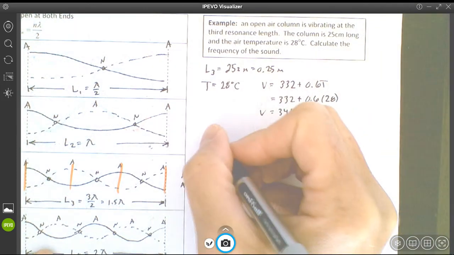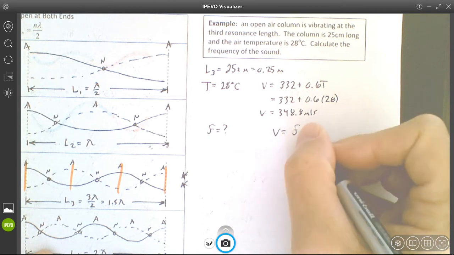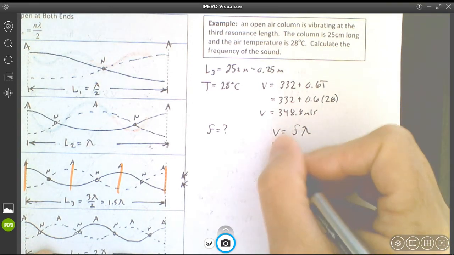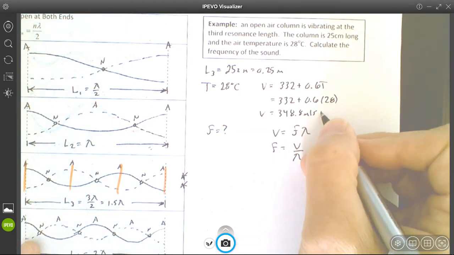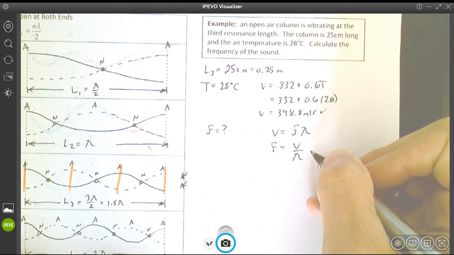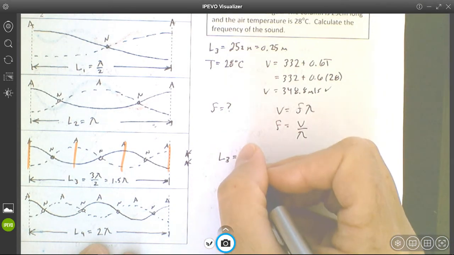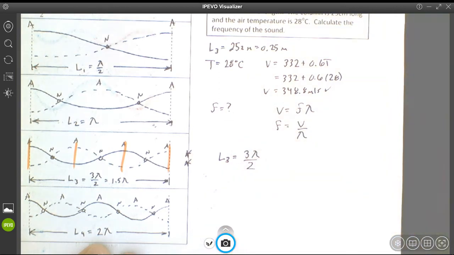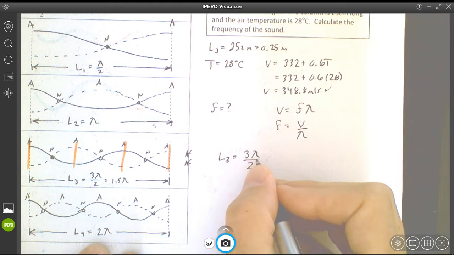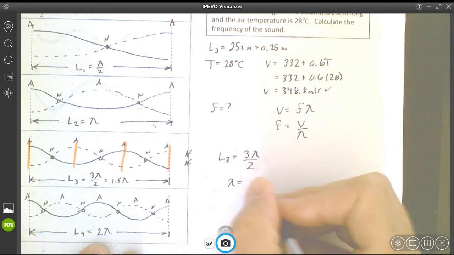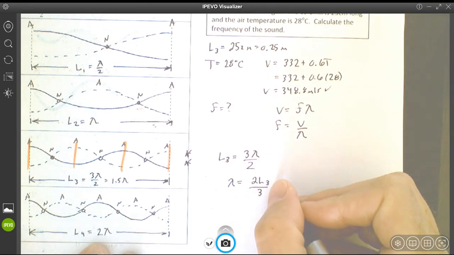And it says calculate the frequency. Well, speed equals frequency times wavelength. So frequency is the speed over the wavelength. Now, we know the speed, but we don't know the wavelength. So we use our information about the resonance. Well, L3 is 3 lambda over 2 for open at both ends. I mean, you can see the diagram right here. So if you're trying to solve for lambda, it's 2L3 divided by 3.